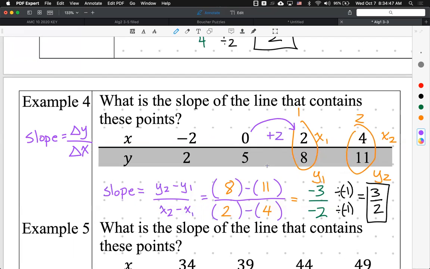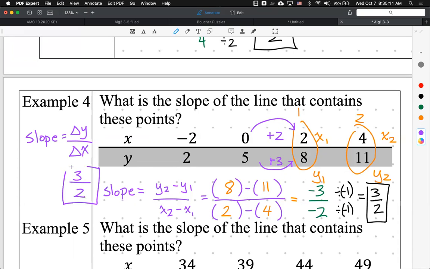And then that was my change in x. Now, how much did I move to get from 5 to 8? Add 3. And I just plug it in. My change in y is 3. My change in x is 2.